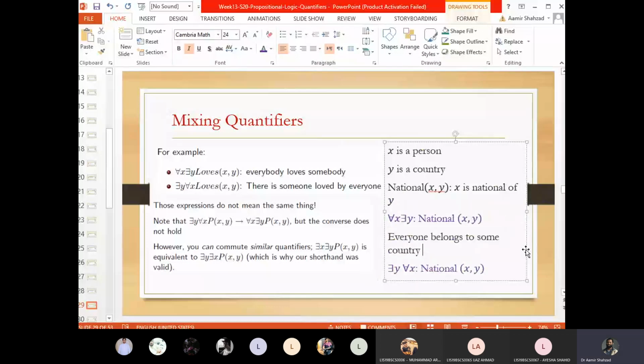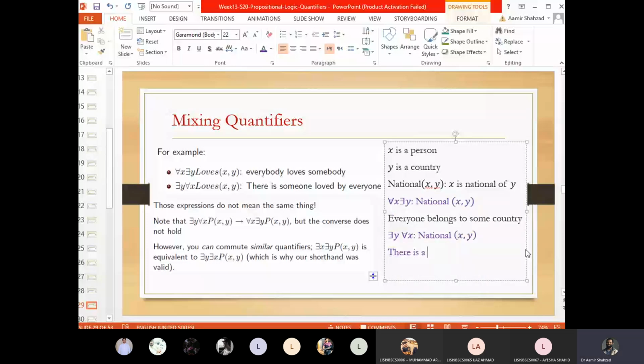So now this statement means there is a country such that everybody is a national of this country. Everybody belongs to this country.